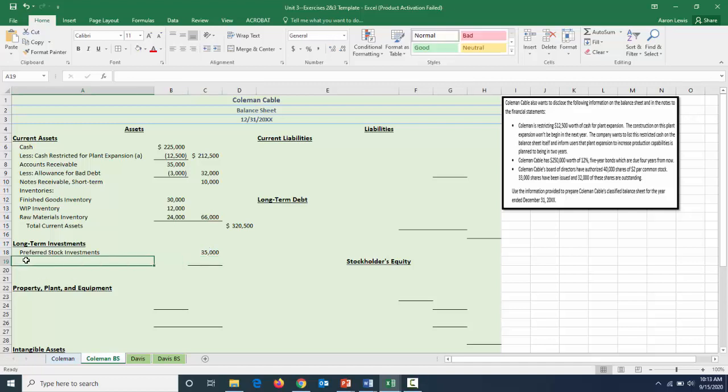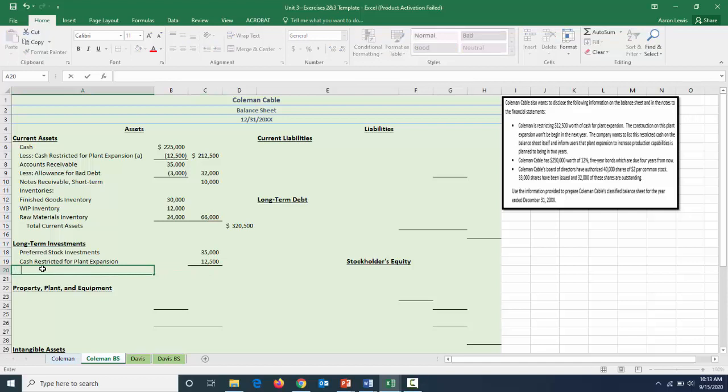Well, we have to put it back in somewhere, and that somewhere is going to be right here. So we're going to list our cash restricted for plant expansion, and that is going to be equal to the $12,500 that we restricted above. And that's all we have for this section.